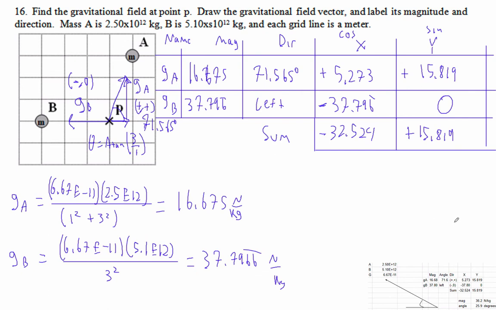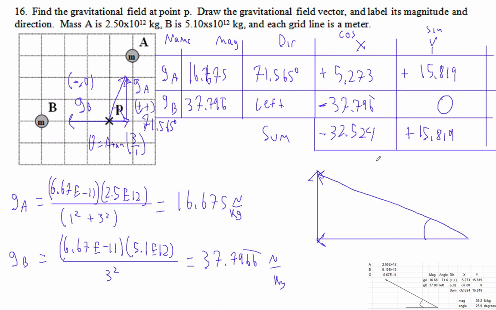Let's draw a picture of this guy. And then up about half of that, right? And then this is our vector. Okay. So let's find that angle.